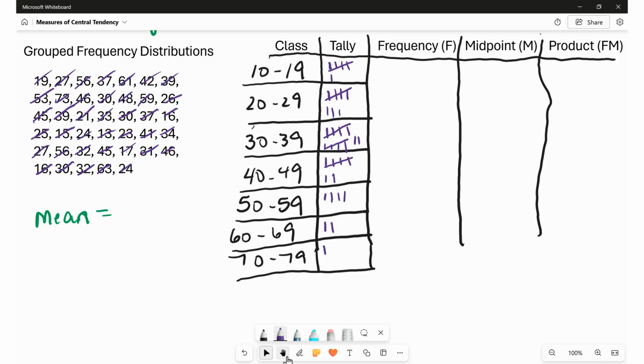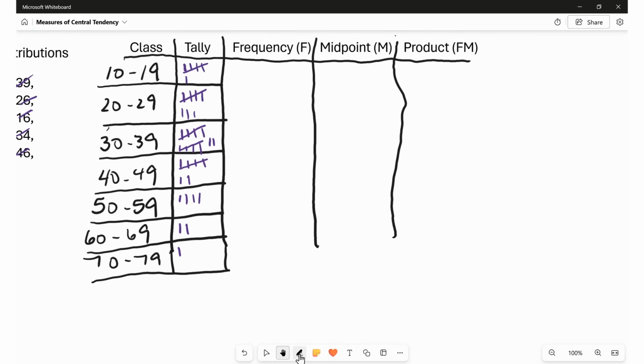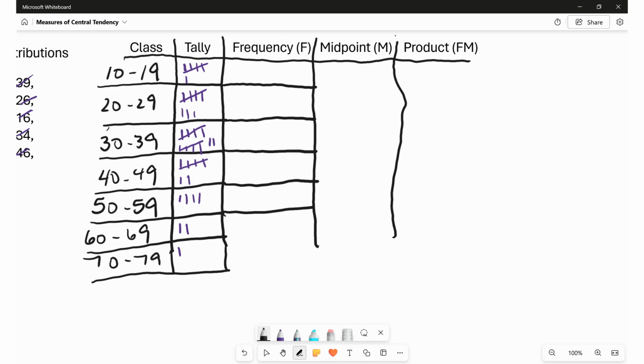And so now we've got them kind of organized. So we can see now that we extend our lines here. And we can see that here there are 6 data values in that group. There are 8 data values in that group.